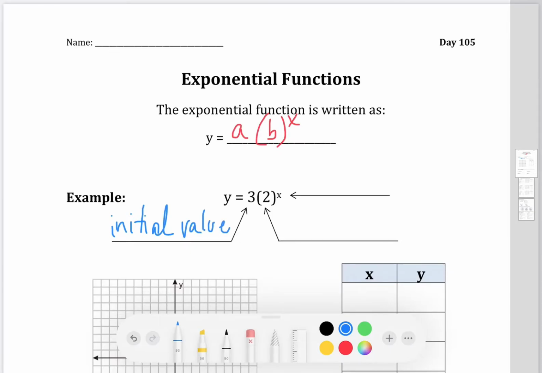The initial value of a graph of this type of function is also going to be its y-intercept. It's very different. Usually the y-intercept is in the back. In this function, the y-intercept, or the initial value, is in the front. Then we have a number inside. That's called my multiplier.